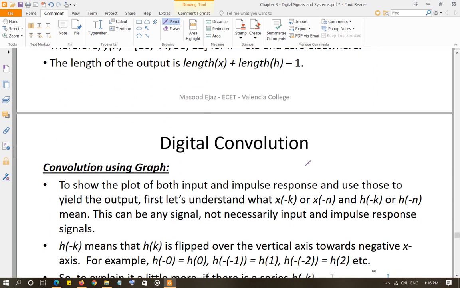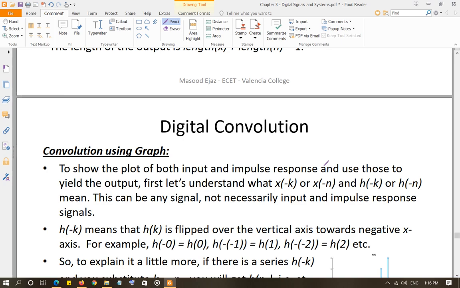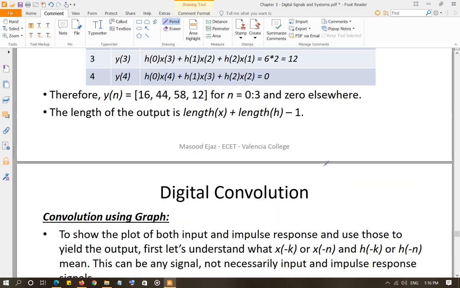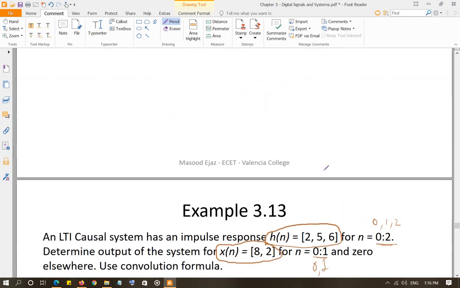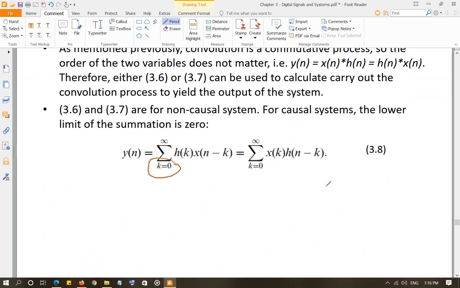Alright, let's look at digital convolution using the graphical method. If we go back to the equation right here, we can use any equation, but generally we use this one.